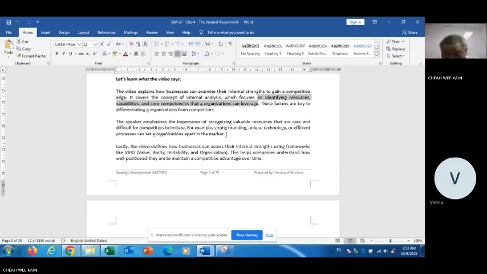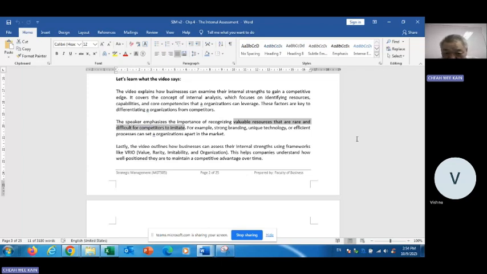So you need to recognize the valuable resources that are rare and difficult for competitors to imitate. For example, you may have some sort of patent, some technology, or experts working for you that competitors cannot have. This is a good strength, and you should leverage it.